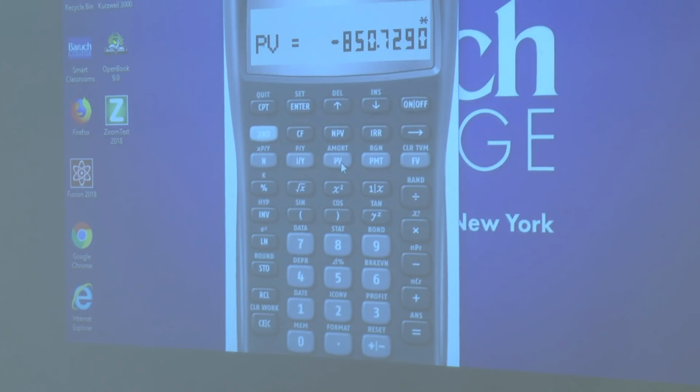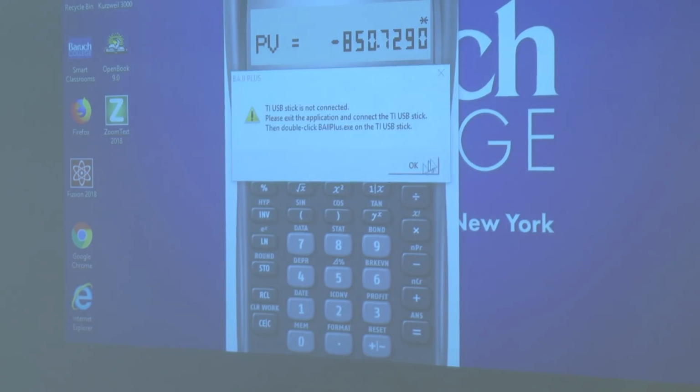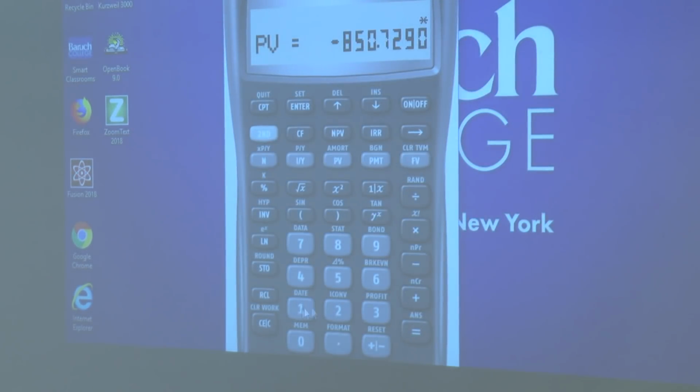And I compute the present value. I think it crashed.